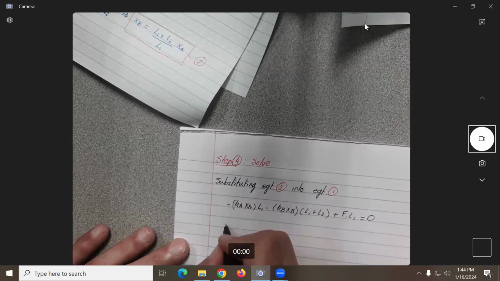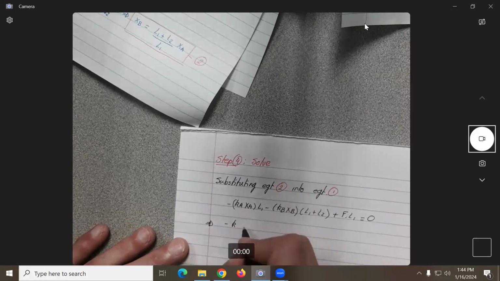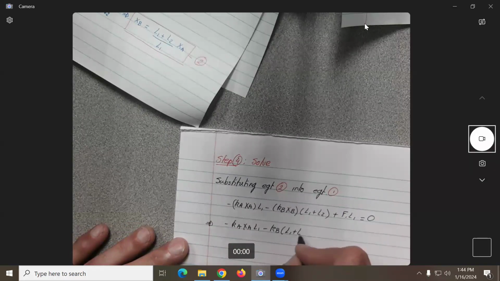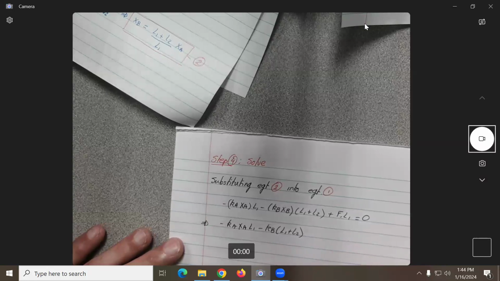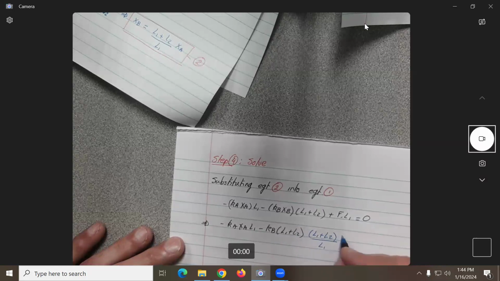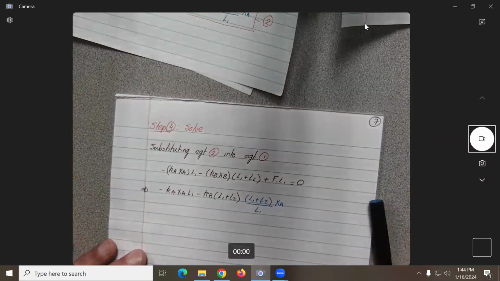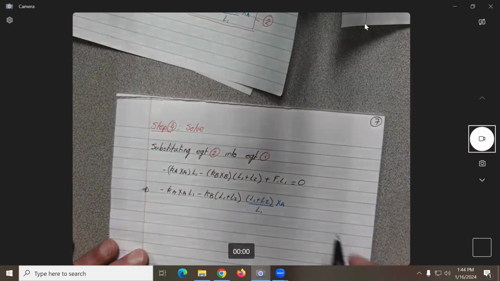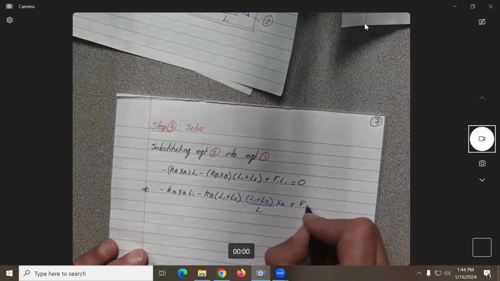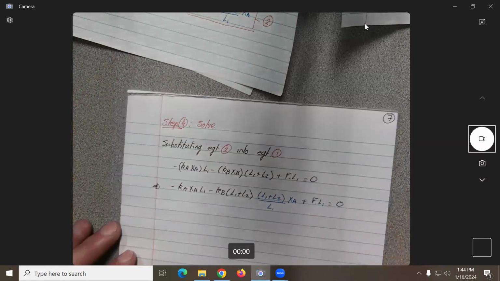So we get minus k sub a x sub a L1 minus k sub b times L1 plus L2 times L1 plus L2 over L1 x sub a plus f L sub 1 equal to 0.